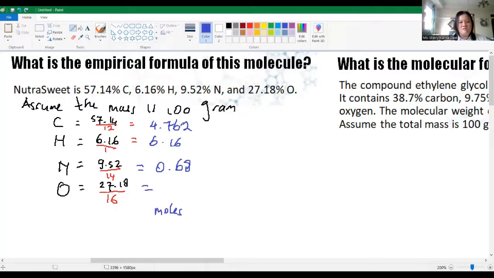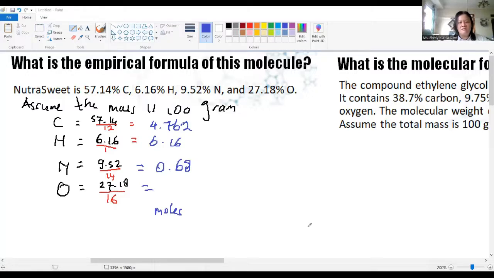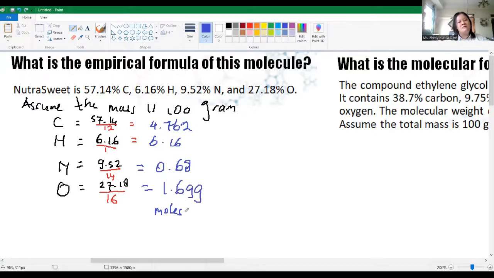And then 27.80 divided by 16 is 1.699. Okay, determine the smallest one. So in this case, nitrogen is the smallest.